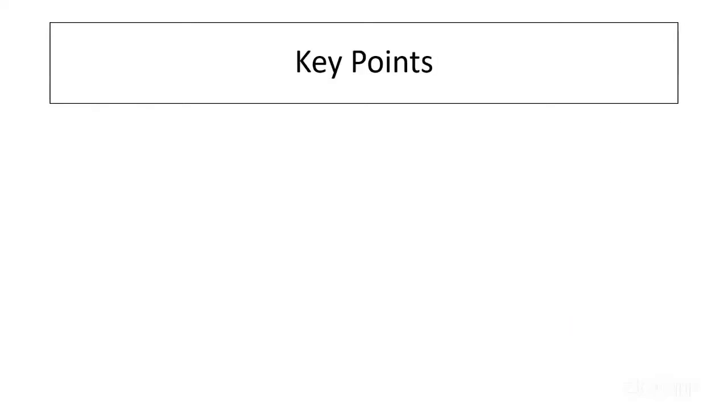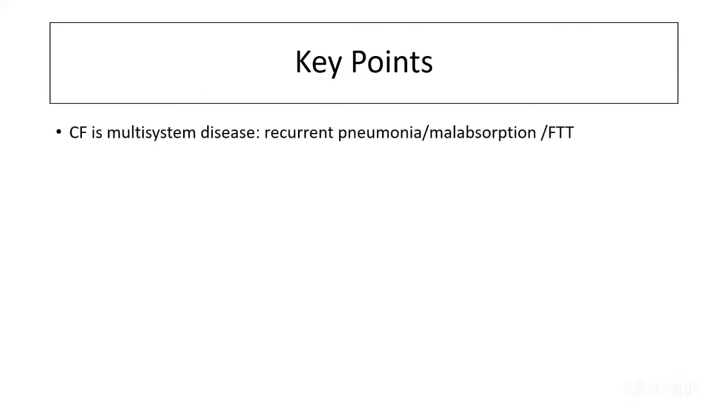The key point from this presentation that I wanted to emphasize is that cystic fibrosis is a multi-system disease. However, in India, the most common presentation is recurrent pneumonia, malabsorption, and failure to thrive. Whenever you see this triad of combination, you must suspect cystic fibrosis. Another type of symptom we see in our practice is pseudo-Bartter syndrome, with dehydration and electrolyte loss like hyponatremia and hypokalemia.